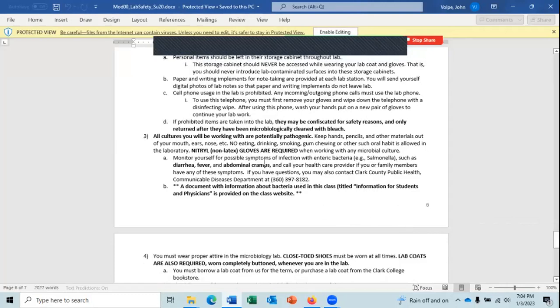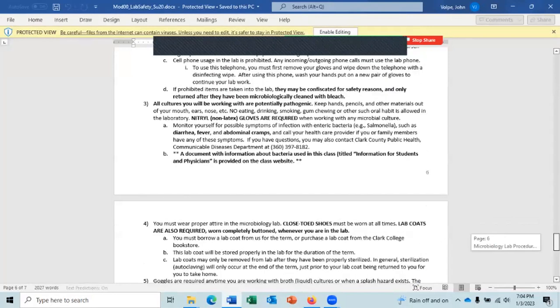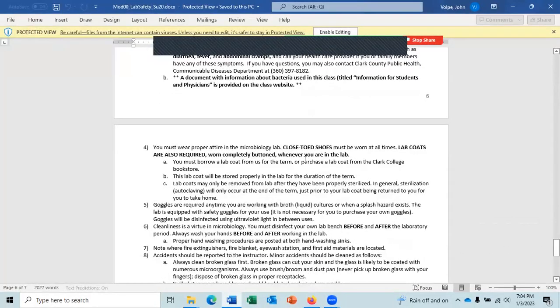The gloves are non-latex. They must be worn while you're working in the lab or when you're in the lab. If you wear something like thongs or sandals or women's open-toed shoes, and you come into a microbiology lab, you would have to change your shoes, which is allowed, and then put your open-toed shoes or sandals in the cubbyhole.